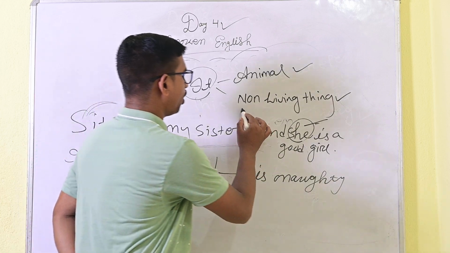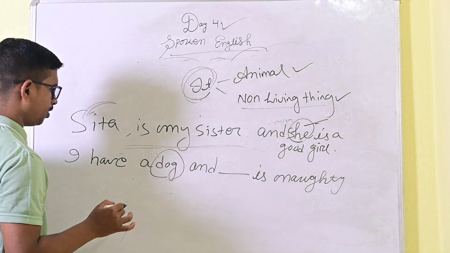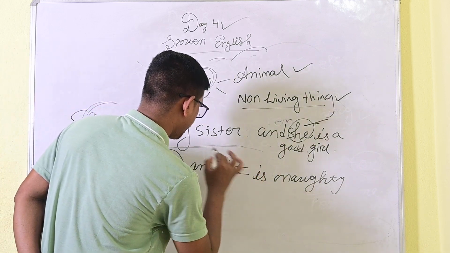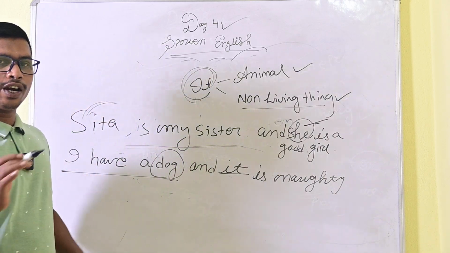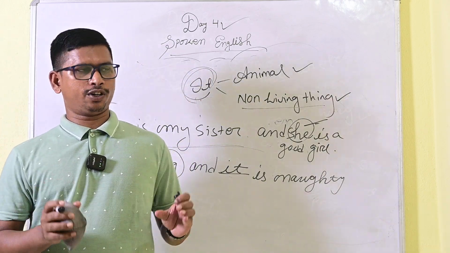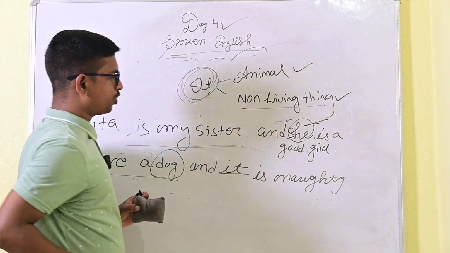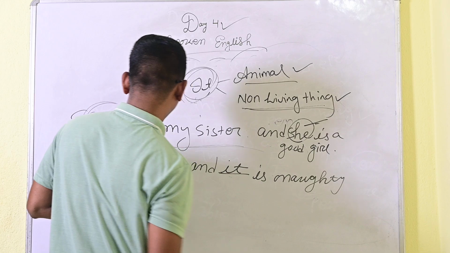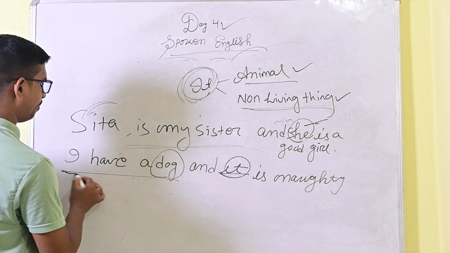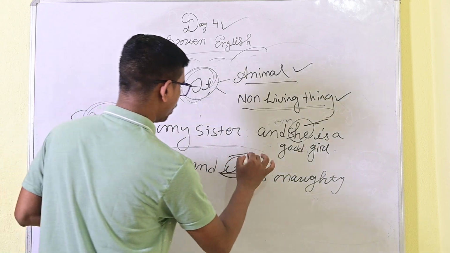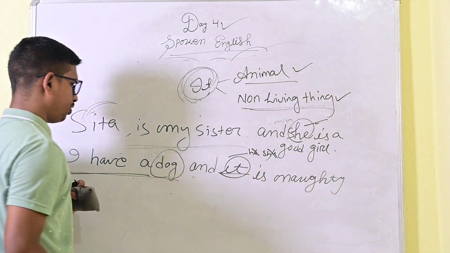For animal or non-living thing, we use it. I have a dog and it is naughty. You cannot use he and she for animal or non-living thing, because it is used with animal and non-living thing. You cannot write he and she, it is wrong. You have to use it.